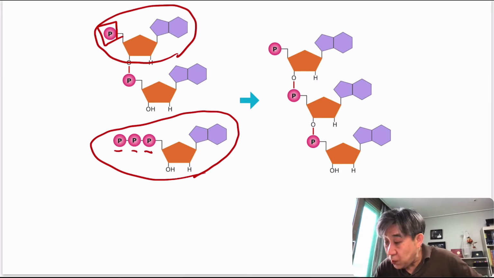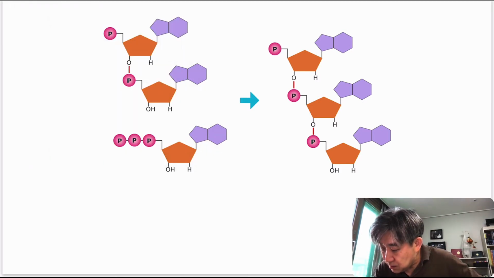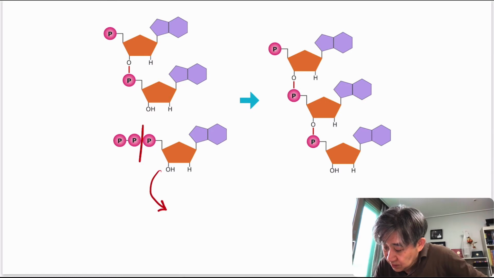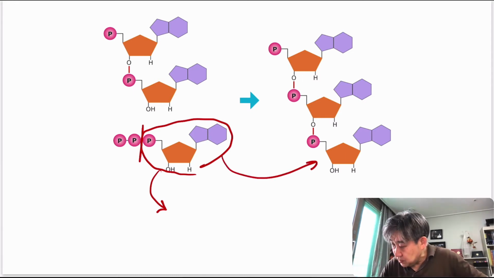During this incorporation, you split this. This is actually the hydrolysis, the catabolic reaction, and then only this part is incorporated to build the so-called phosphodiester bond to generate the chain of nucleic acid.